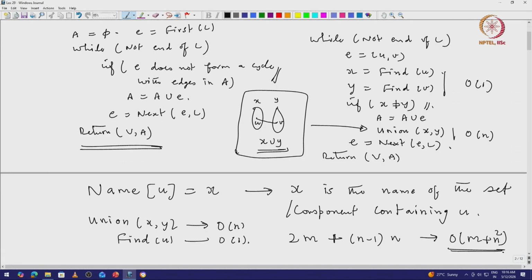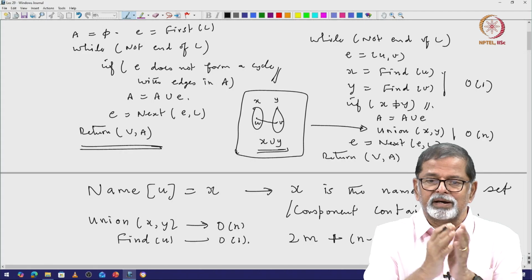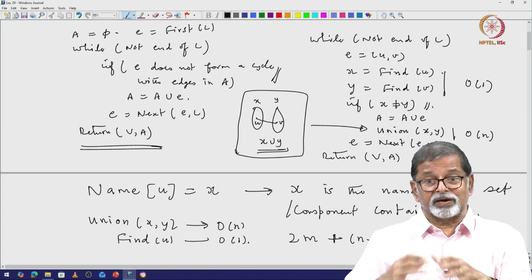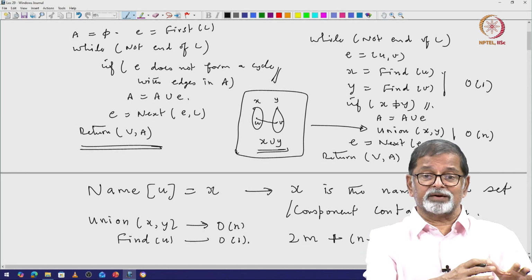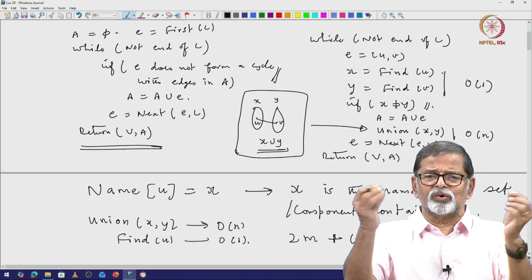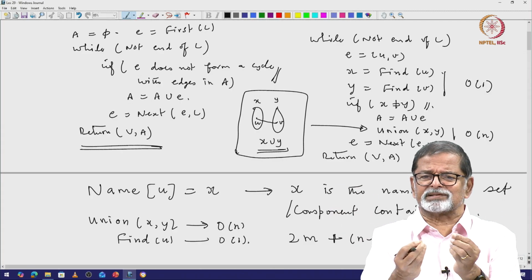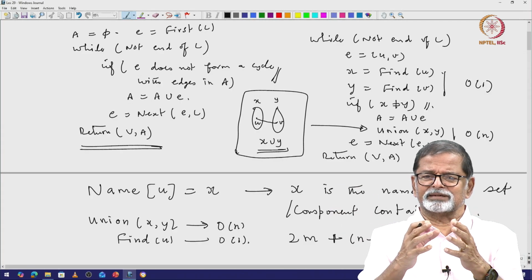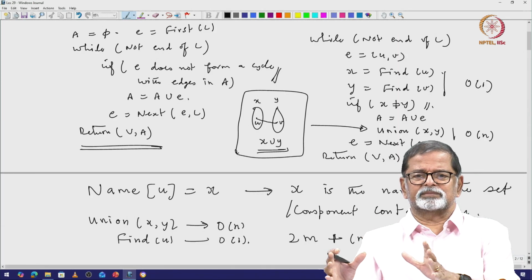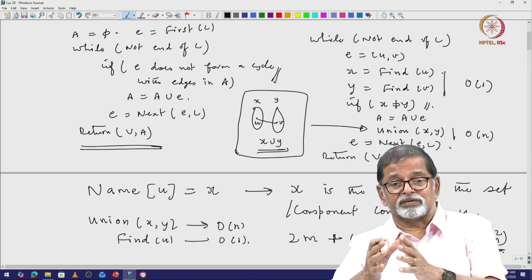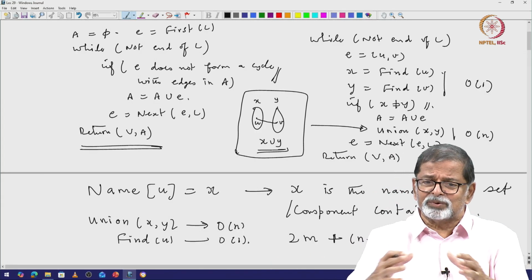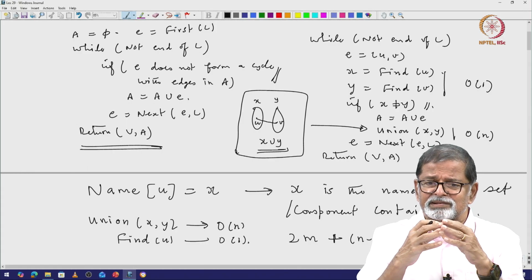We are using a data structure called name array to implement the partition ADT, and via the partition ADT we implement a graph algorithm of finding the minimum spanning tree. You can see how finely various threads of algorithmic thinking, computational thinking, mathematical thinking, and putting them in terms of a data structure and abstract data type, a lot of things have come together in this case study.